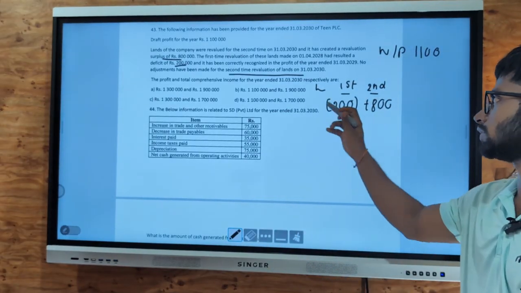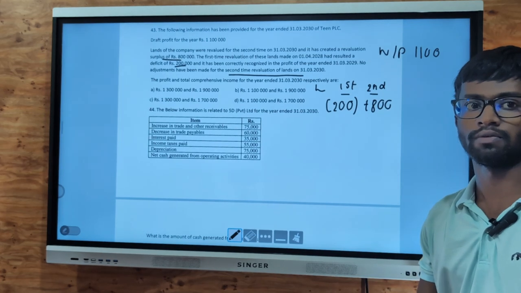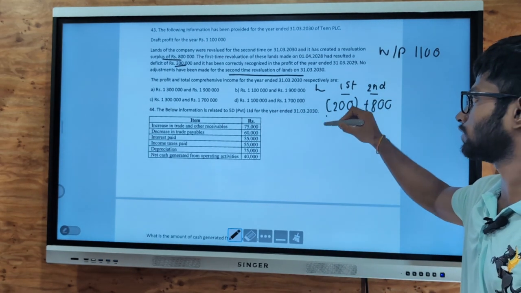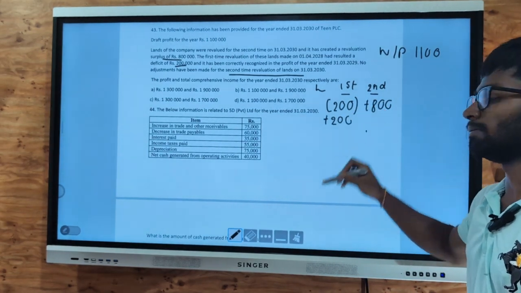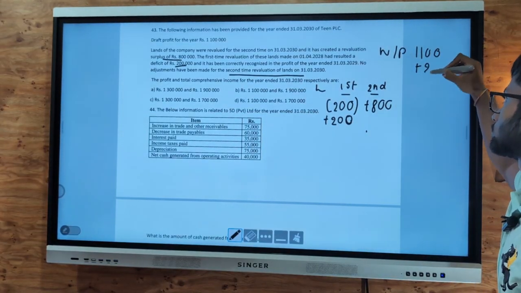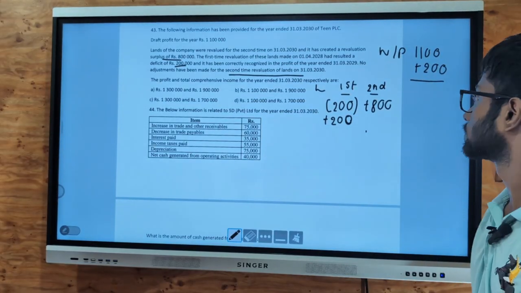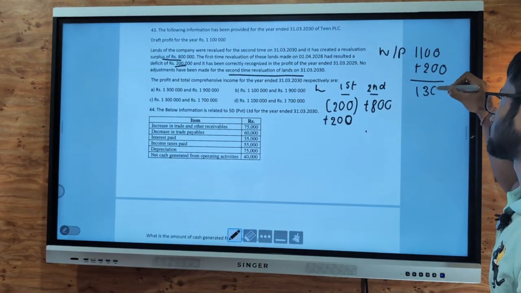What you do is, initially what you did, you have to set that amount off. We recorded it as an expense the first time. So in order to remove that, we have to add back 200. You add back 200 to your net profit, because this second adjustment was not correctly recorded. Then you get 1003 as your corrected net profit.